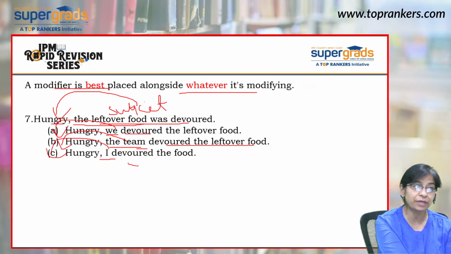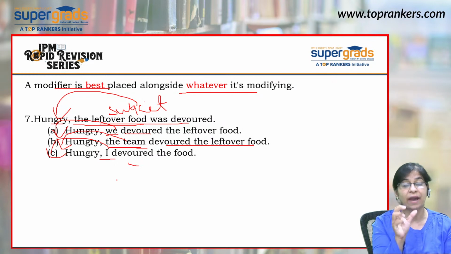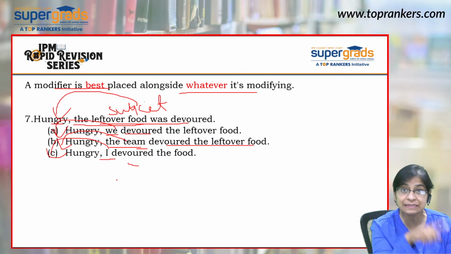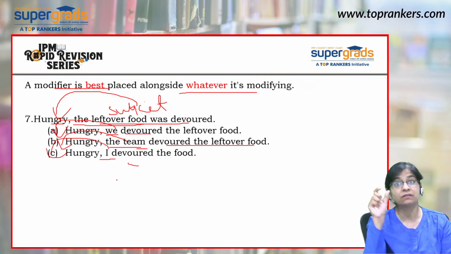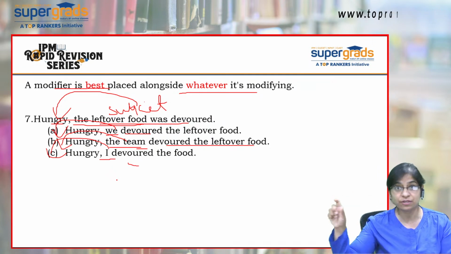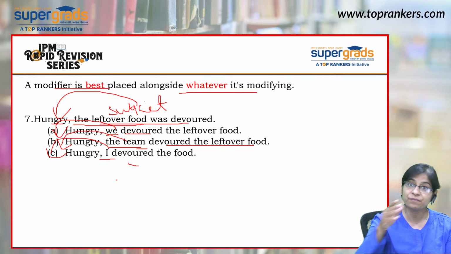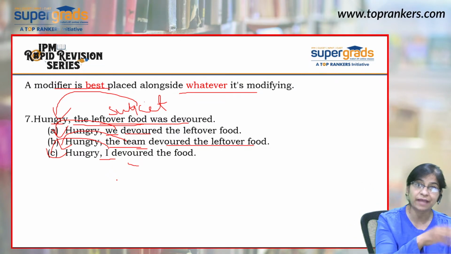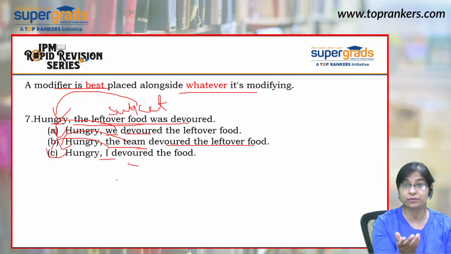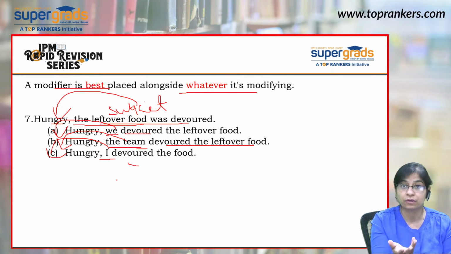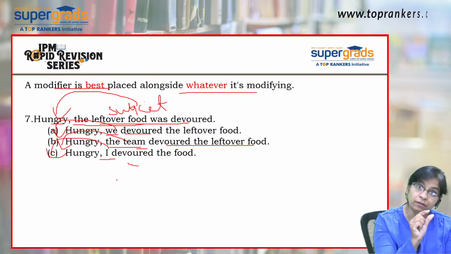What I'm trying to tell you here is that if at all you have a modifier, you need the thing, the verb, the action, the noun, the pronoun, the subject, the object, whatever it is, something that it will modify. That was missing here in my base sentence when I said hungry, the leftover food was devoured. Who ate the food? Who was hungry in the sentence, right? So we needed that who here.